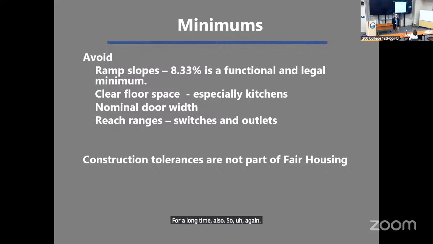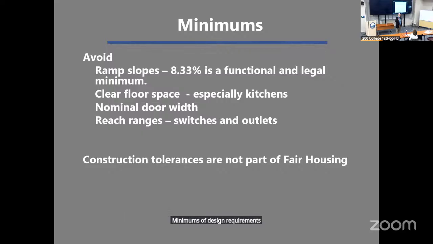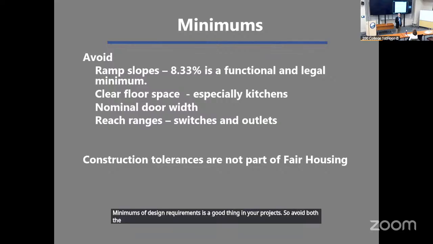Again, I hope I've conveyed that avoiding minimums of design requirements is a good thing in your projects. So avoid both the legal and functional minimums of ramps, avoid the clear floor space minimums in bathrooms and kitchens to save yourself trouble.